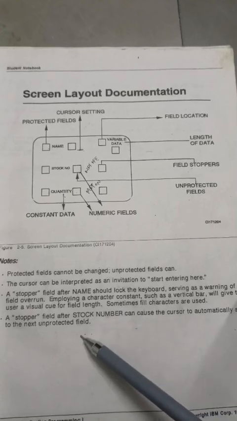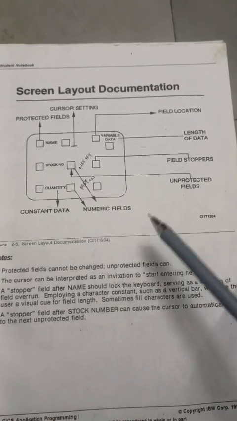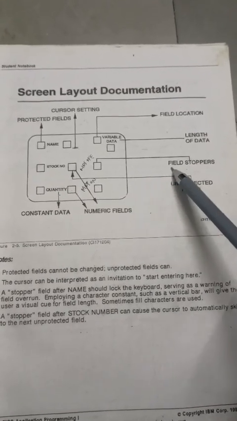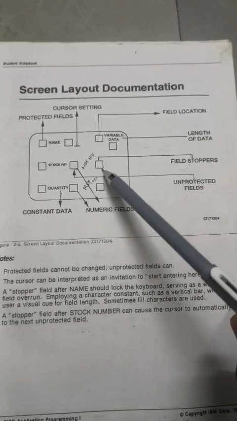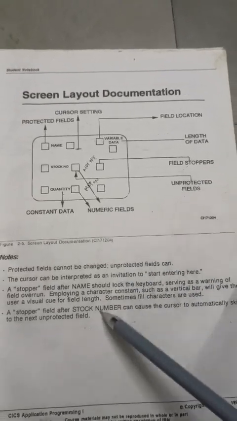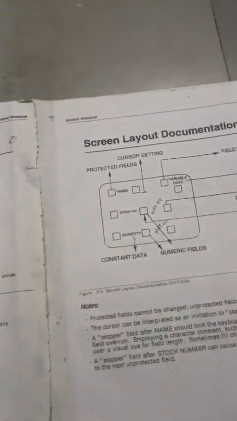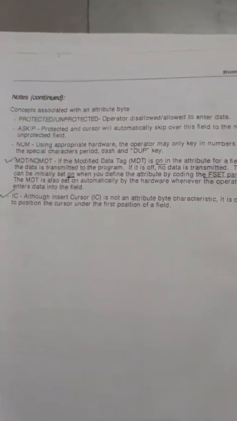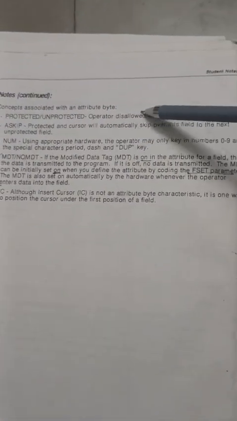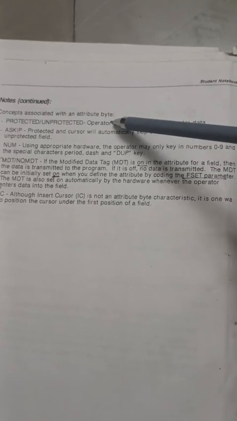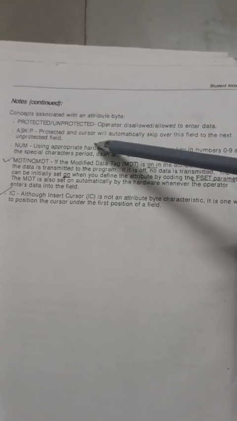That is called a stopper field. Here I mentioned how to mention the stopper field. After the stock number has been entered, you should not be allowed to enter into the other stock number field.